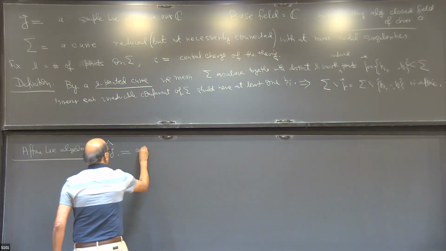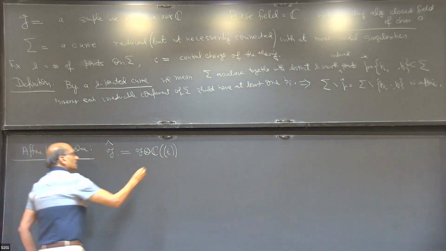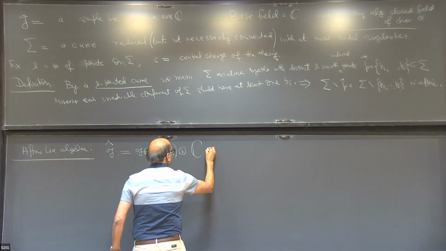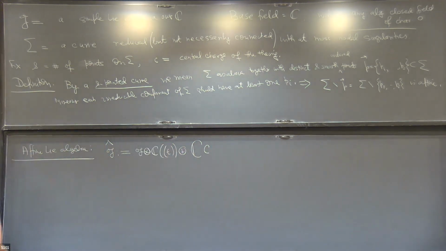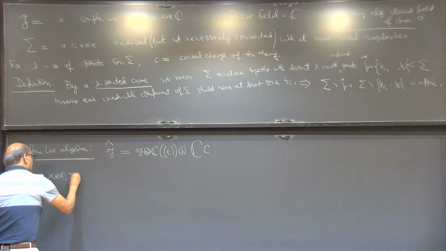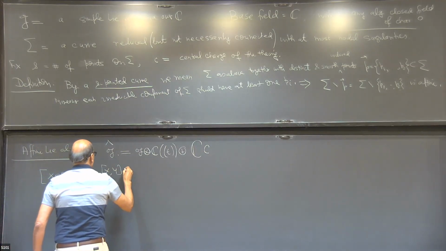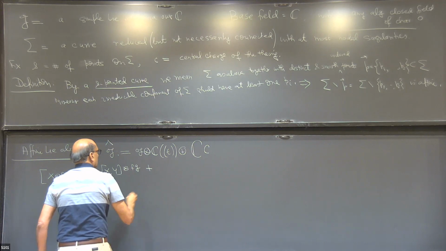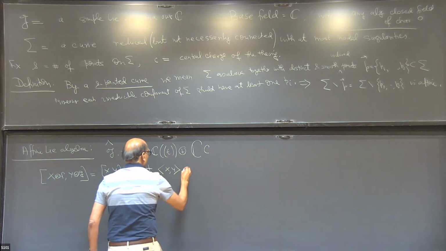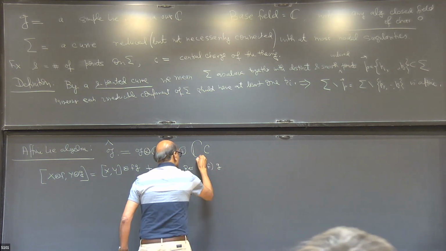By definition this is G tensor C double bracket t, together with a central element C. And the bracket, I'm sure you all know it, but let me write it all the same: the bracket of X tensor f and Y tensor g is the bracket of X and Y tensor fg, plus, let me write it, the form of X and Y times the residue at t equals 0 of df times g.